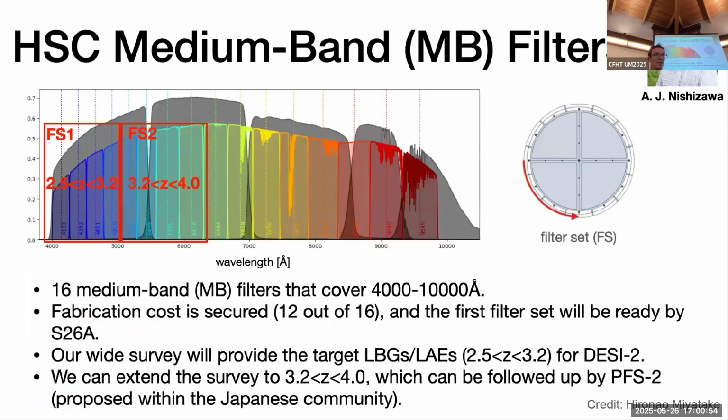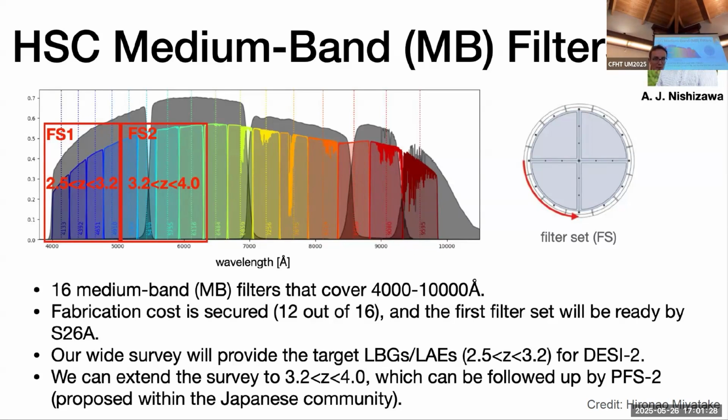Okay, and then a coordinated effort is also happening using Hyper Suprime-Cam. This is led by Hironao Miyatake and colleagues at Nagoya. And we've coordinated with them to have exactly the same filter bandpasses. So their filters are a bit of a peculiar design where they have 4 filters at once in different quadrants in the focal plane.